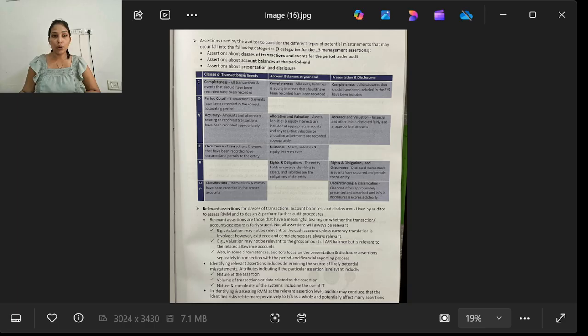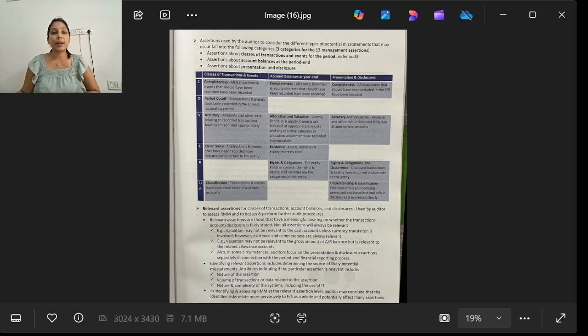Similarly, there are two assertions, occurrence and existence. Occurrence is relevant to the transaction statement, whereas existence is relevant to the balance sheet. In existence, we ensure that the assets, such as inventory, actually exist, whereas in occurrence we check that the transactions recorded actually occurred.